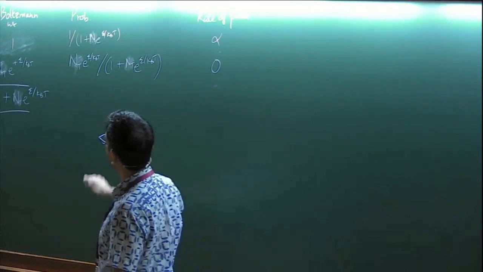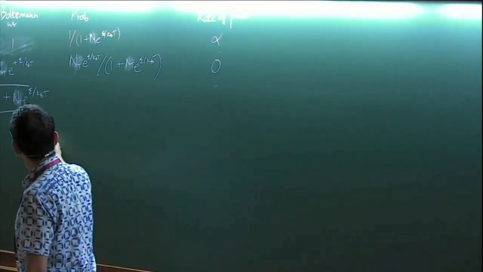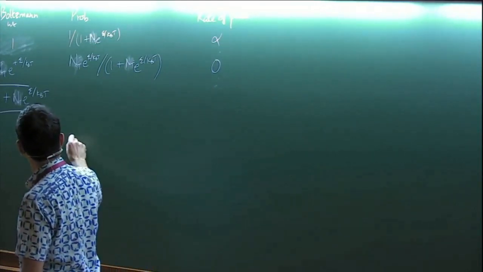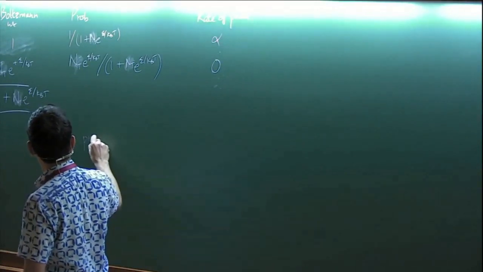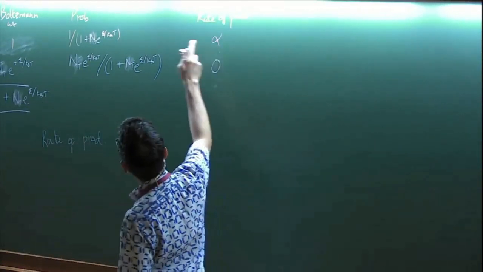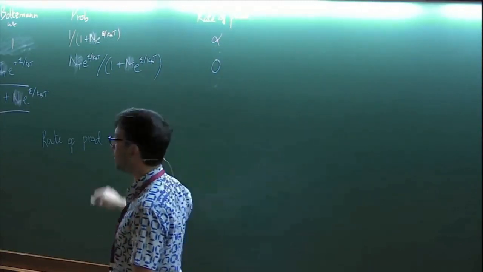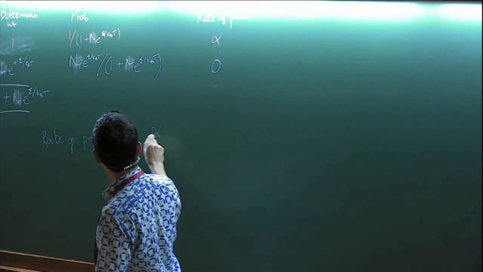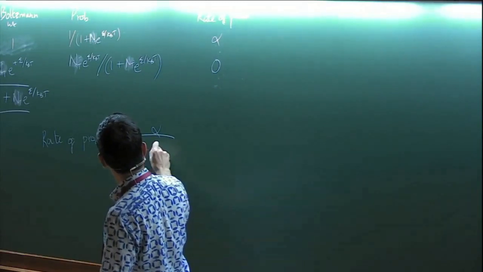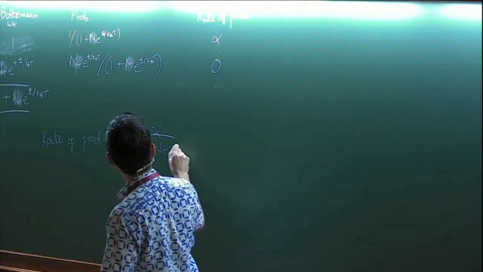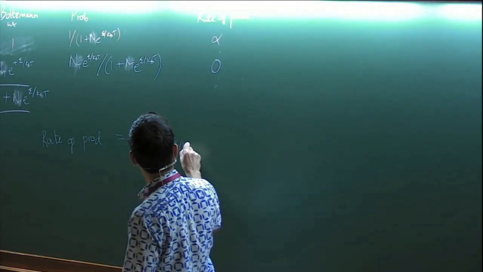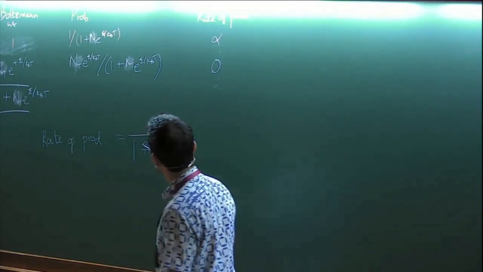Then it's very easy to find the net rate of production. So your net rate of production will be this value multiplied by this probability plus this value multiplied by this probability. So what do you get? You get alpha over 1 plus n_T e^(epsilon/kBT).